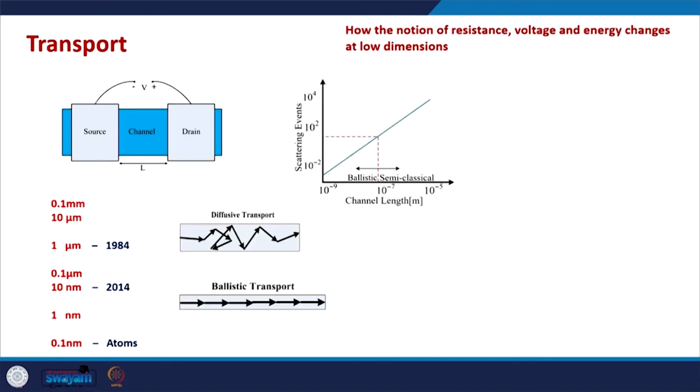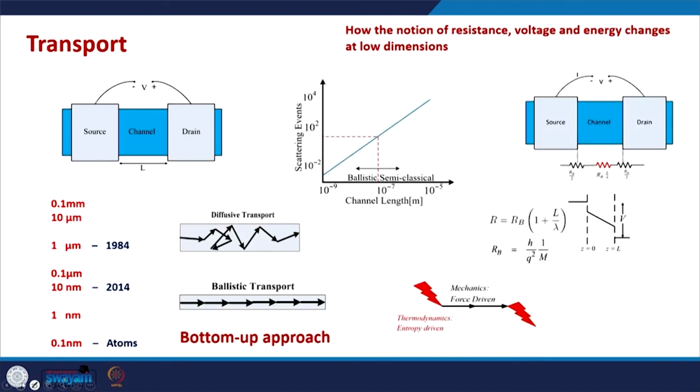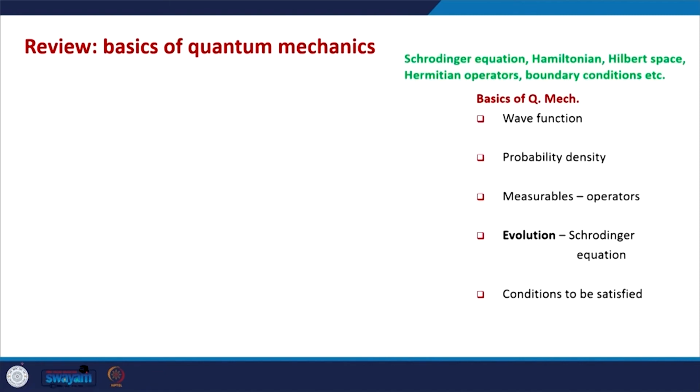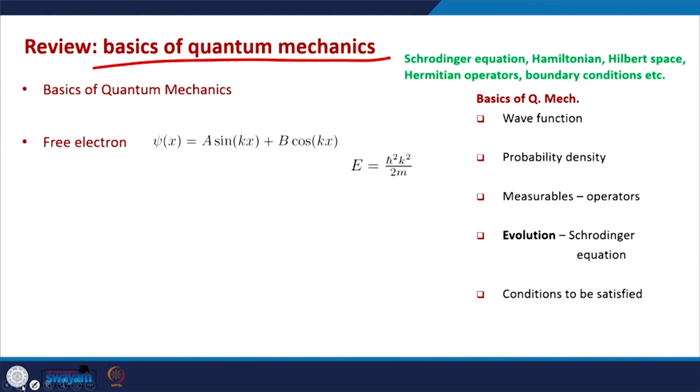In order to understand the transport, we will first start with the basics of quantum mechanics. I am not going to go into the details here, I am just giving an overview of the entire course. First we will see how a free electron behaves.